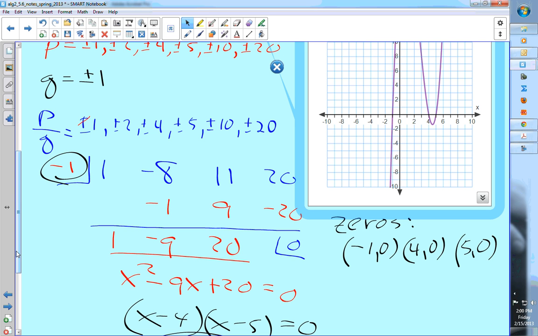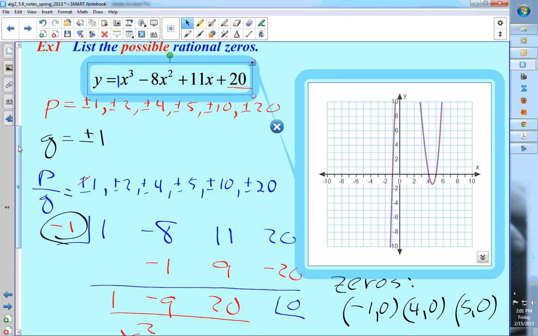Okay? If you start with a degree 3, you only need to find 1, then you're going to use quadratic formula, factoring, whatever you want to find the other 2. If you have a degree 4, which we'll do in a minute, you have to do more than 1. Before we go on, let's see. Anybody have any issues?